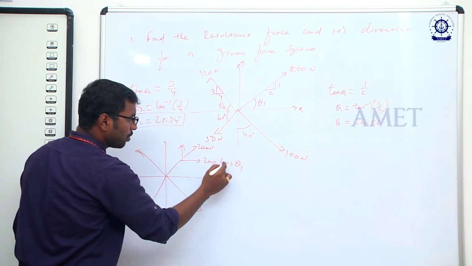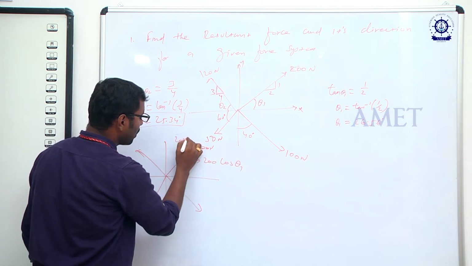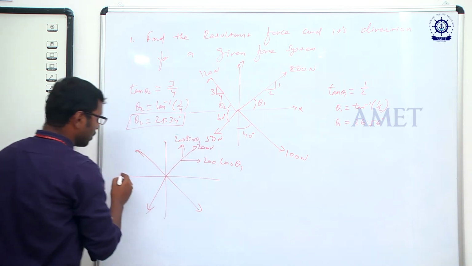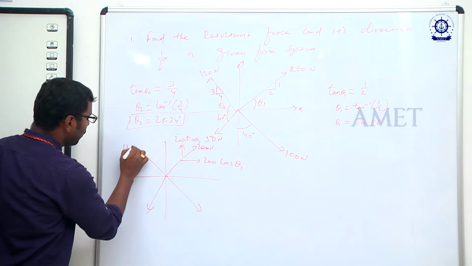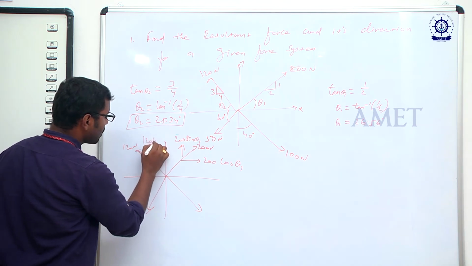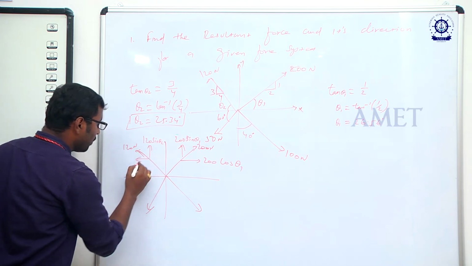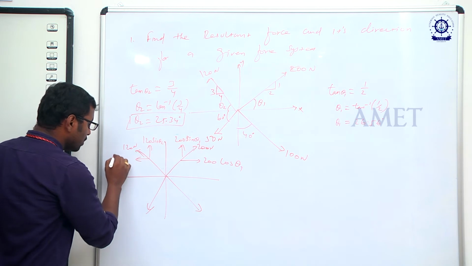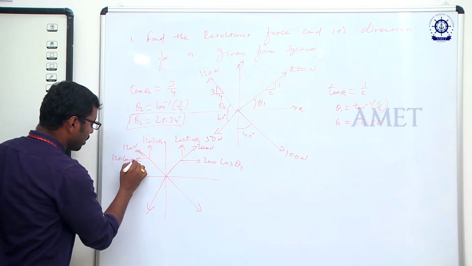So, here this is 200 cos theta 1, and the vertical component of this force is 200 sin theta 1. The magnitude of this force is 120 Newton. So, the vertical component of this force is 120 sin theta 2, and the horizontal component of this force system is 120 cos theta 2.